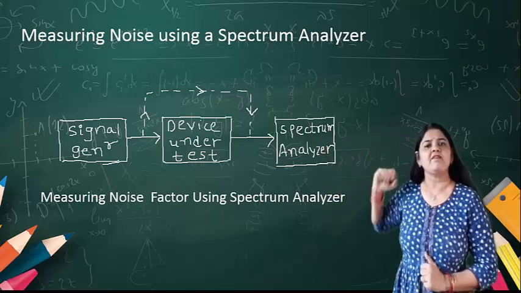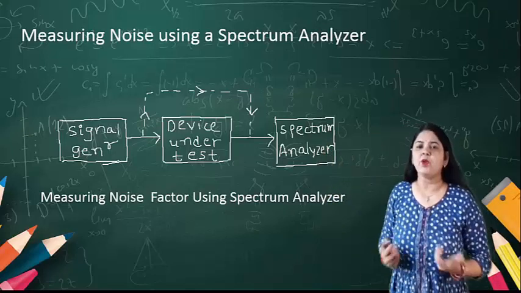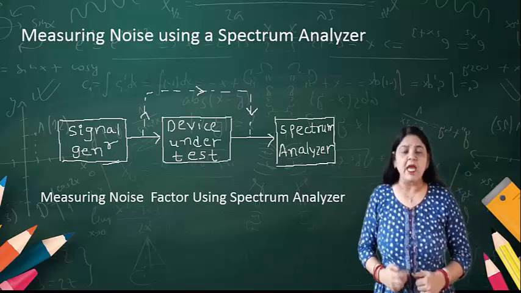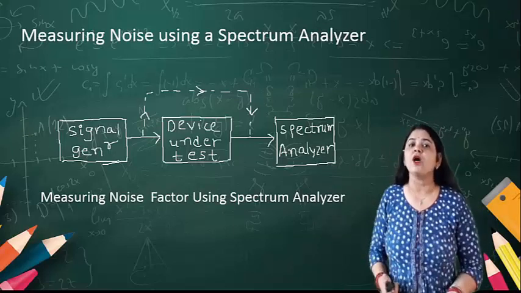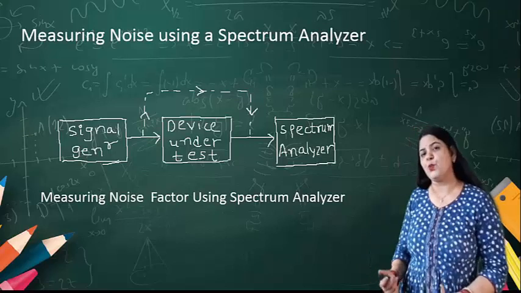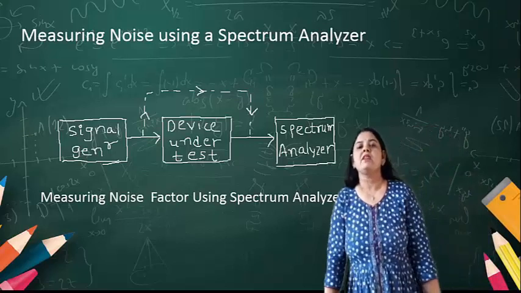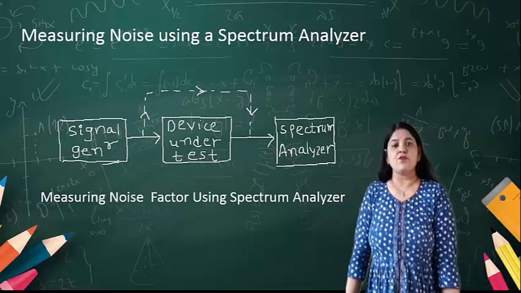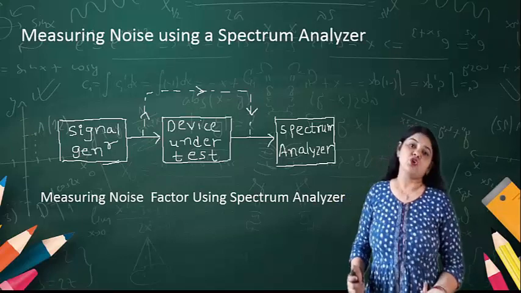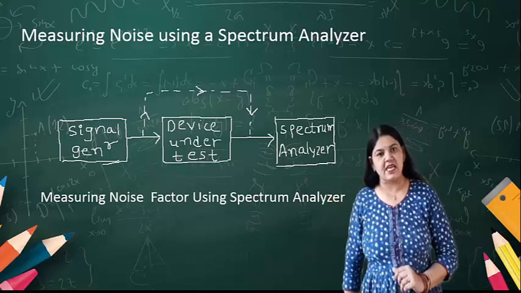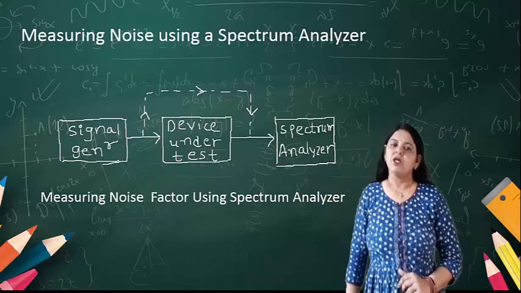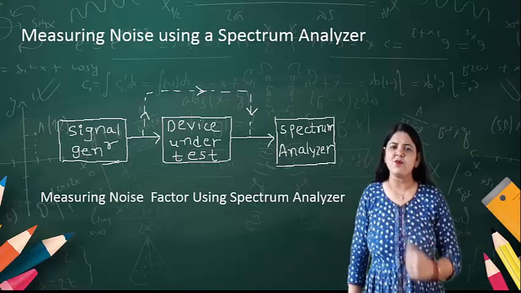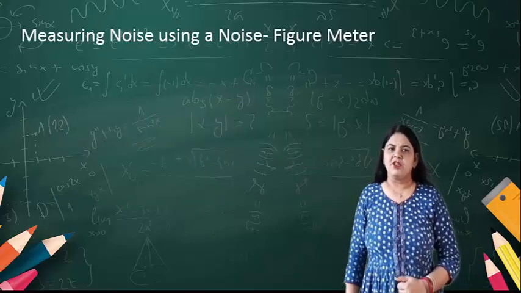Now you can put in the device under test and measure the noise, and we can also find the noise factor. As you have learned in other communication chapters, the noise factor has its own meaning, and we can measure it the same way here. So this is one way to measure noise.